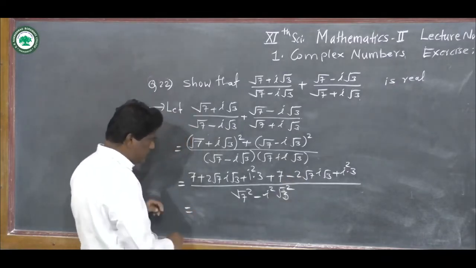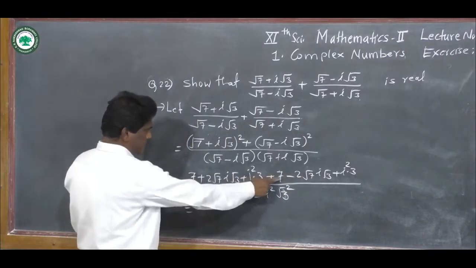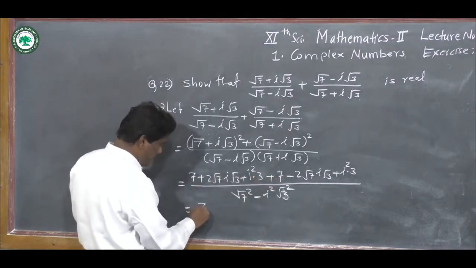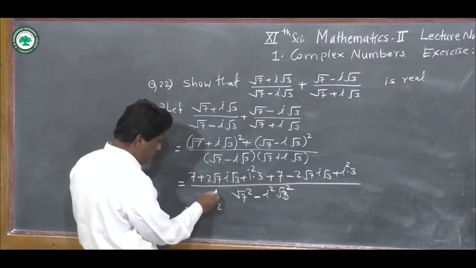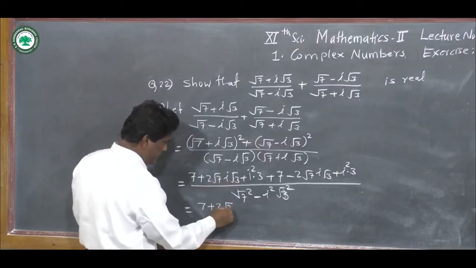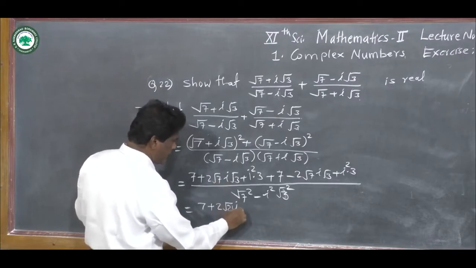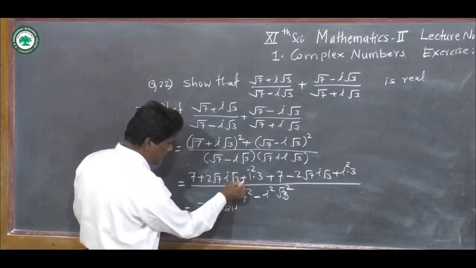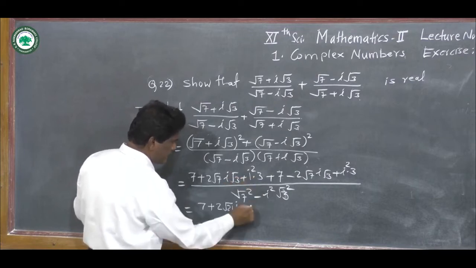So it is equal to 7 plus 2 into √7 into √3, that is √21, into i square, which is minus 1, and here minus plus become minus, so minus 3.